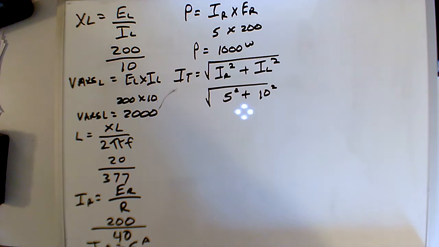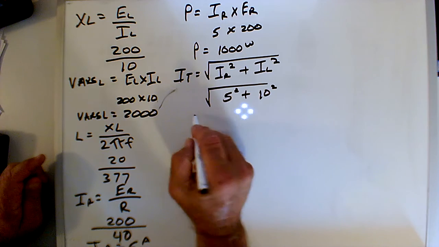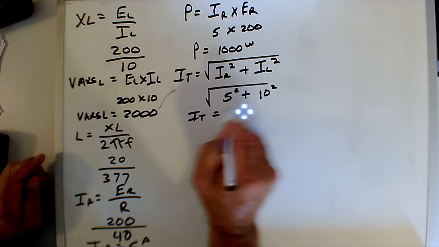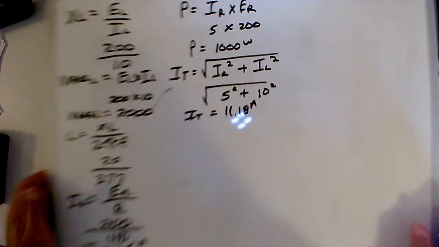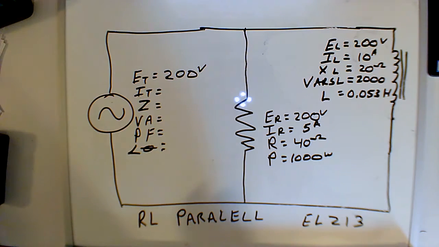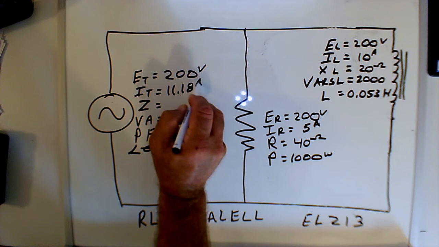And what's the square root of that? So let's figure it out. 5 squared plus 10 squared equals, and then the square root of that is 11.18. So IT is equal to 11.18 amps. So I can put that in here, 11.18 amps.